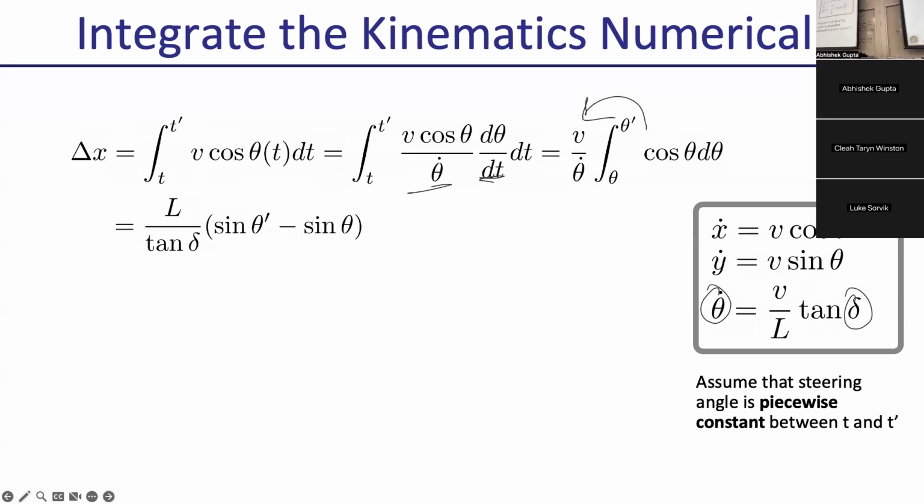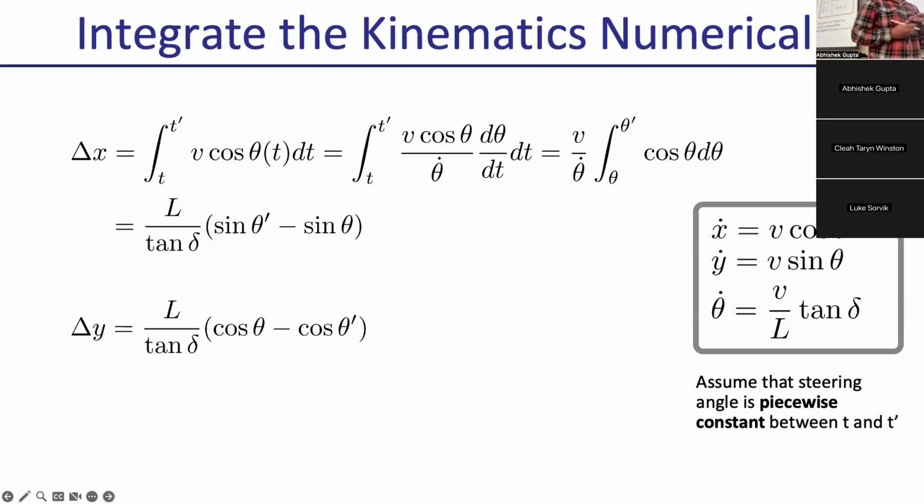But in the second one, if you're in terms of theta, it's in terms of theta, so its dependence on t is irrelevant. So remember, you just want to convert the integral in terms of t into an integral in terms of theta: multiply, divide. Note that theta dot is constant. That's it. Okay, so you can do the same thing for delta y, right?